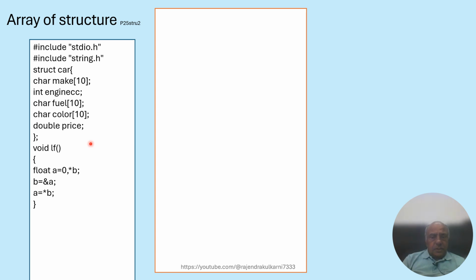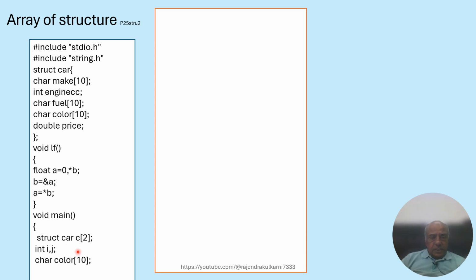Then we are using this function lf, which links the floating point format for our program. We have just declared this function. We are never calling it in our program.